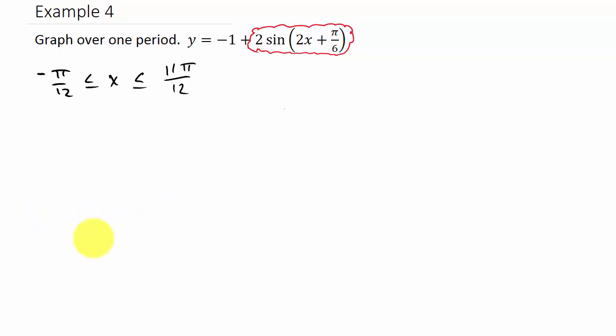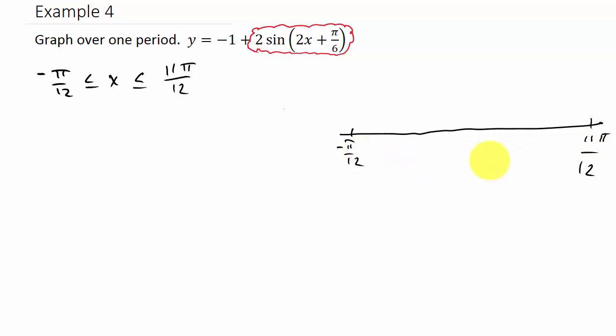That gives me a little more room. Now let's go ahead and draw our x-axis. And so I have negative pi over 12 and I have 11 pi over 12. I don't think the pi's gone off the screen. Hopefully you can see it, and that's 11 pi over 12 there.